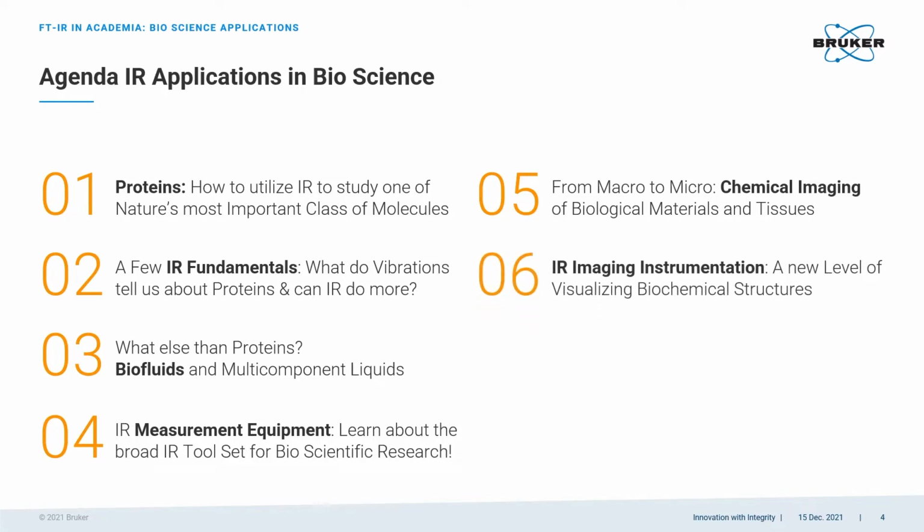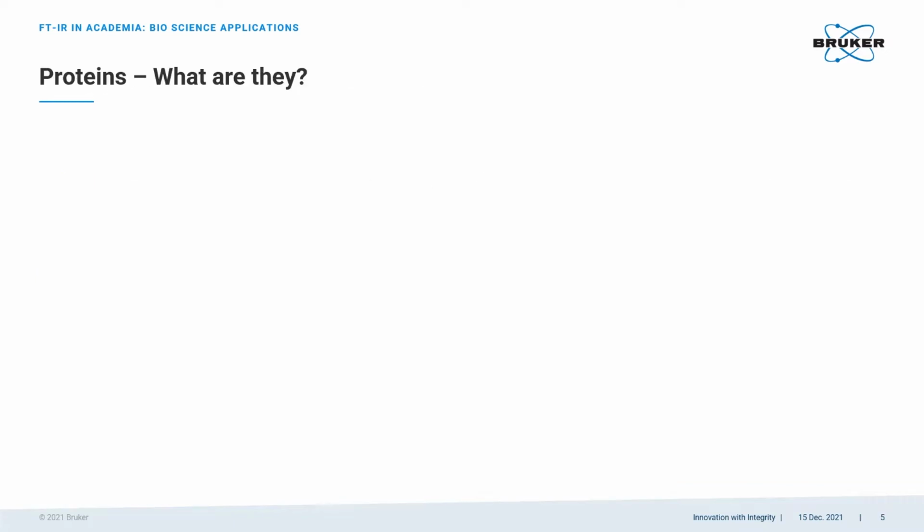And again, Michael will give you some introduction on what equipment you can do such research with. Finally, you may have a couple of questions and we will try to answer them in the most helpful manner. And now I will continue with our first topic, the analysis of proteins.